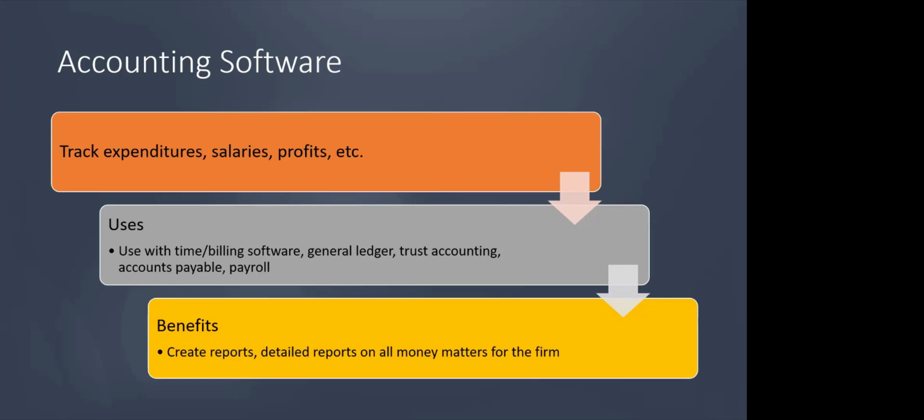Sometimes it's built into law practice management systems, sometimes it's not. This is where you can track your expenses, salaries, profit margins, integrate with the time and billing products, integrate with your banks.